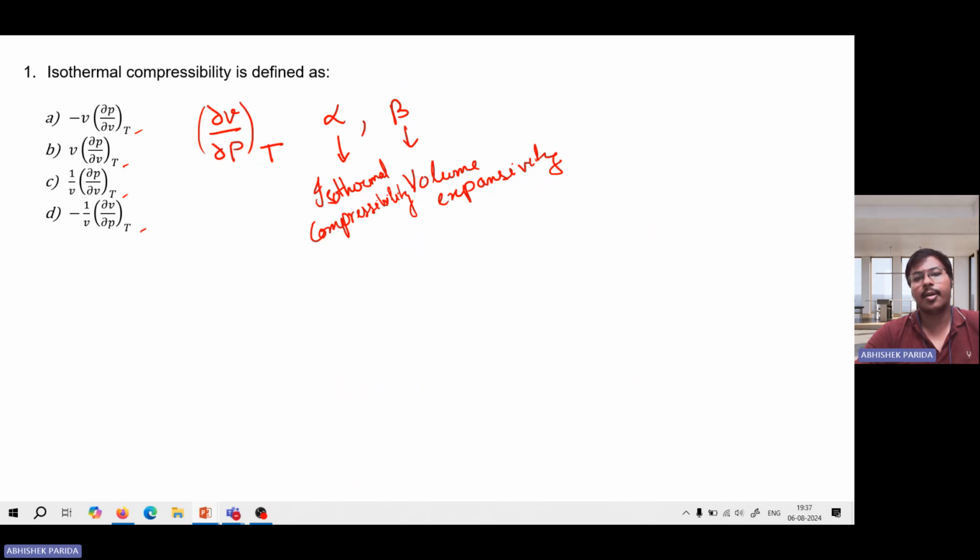You know that pressure's direction and volume's direction are opposite to each other, so we have to add a minus sign. And in both the cases, there is a reciprocal of specific volume. So this is isothermal compressibility. Which option is correct? Yes, absolutely right. It is option D.